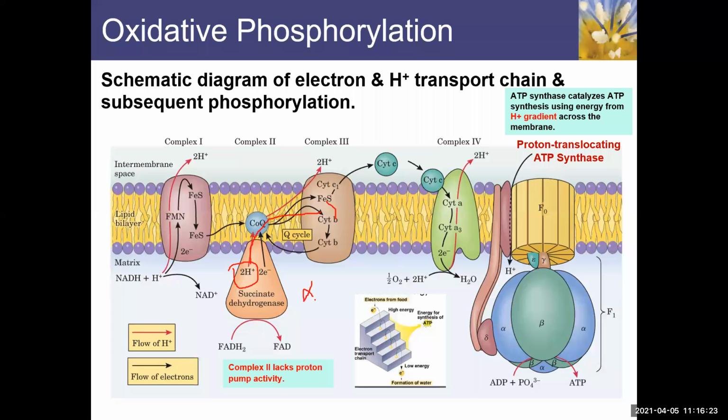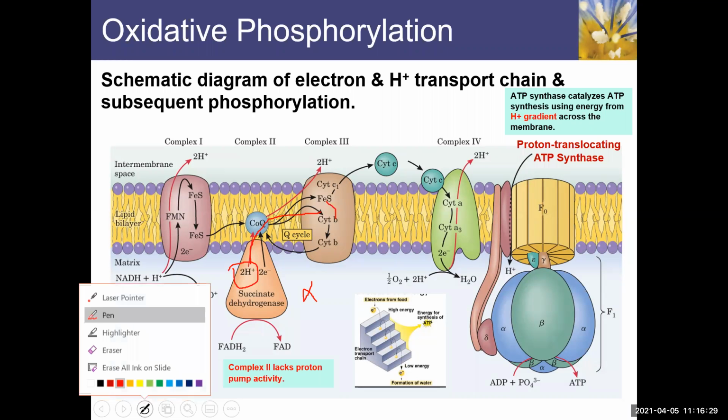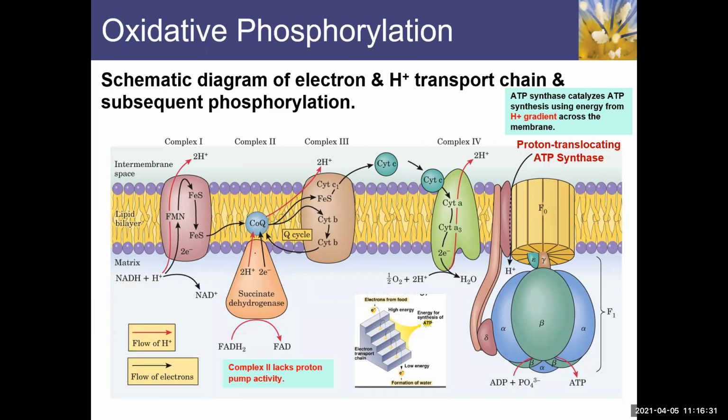So this is an exception, and you have to remember this exception. The rest of the complexes, whether complex 1, 3, or 4, can all function to pump protons into the intermembrane space. That was about complex 2.